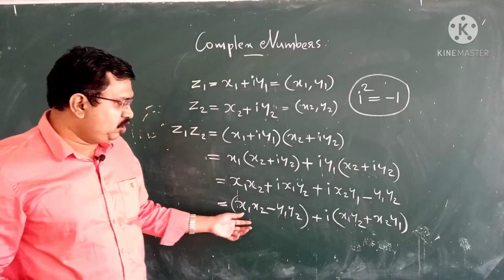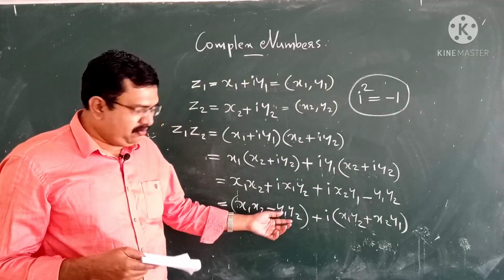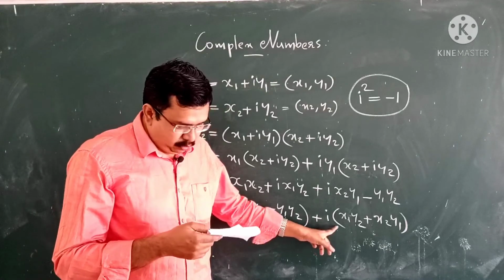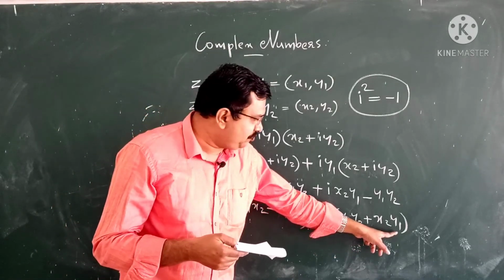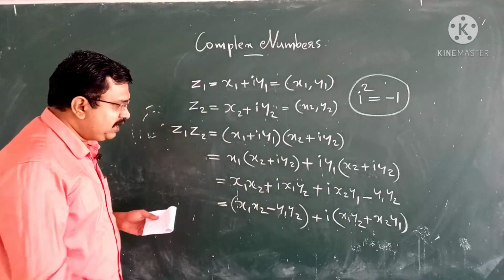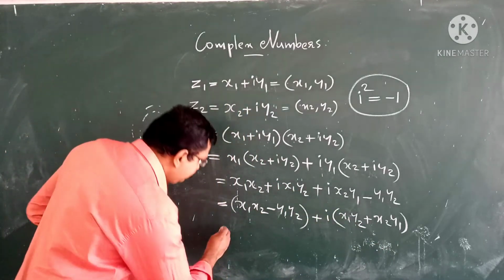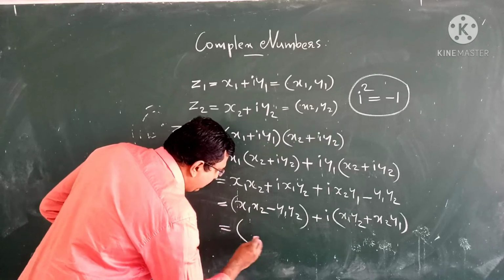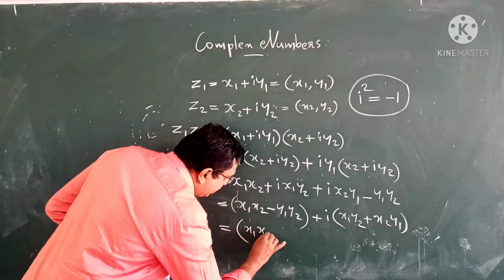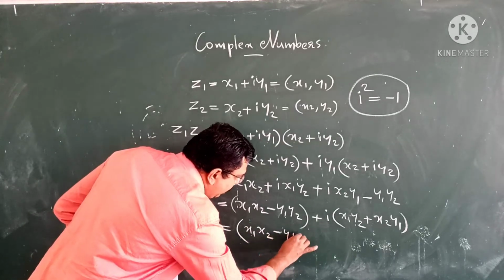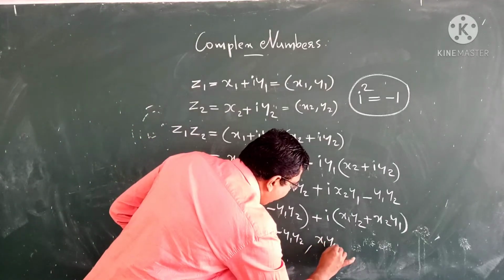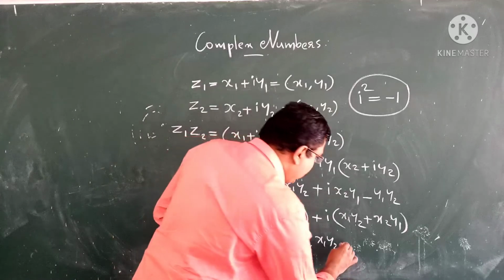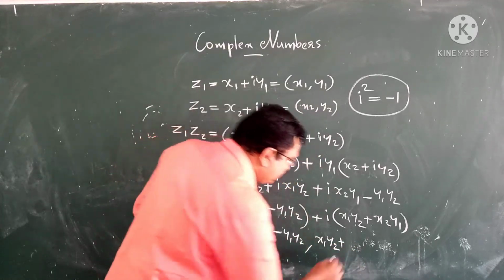So z1 z2 is x1 x2 minus y1 y2 plus i(x1 y2 plus x2 y1), that can be written as (x1 x2 minus y1 y2, x1 y2 plus x2 y1).